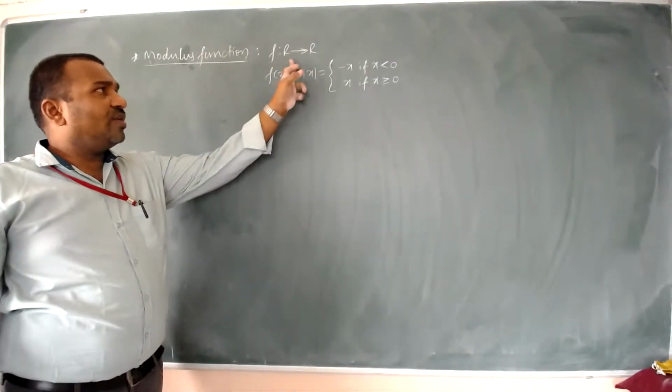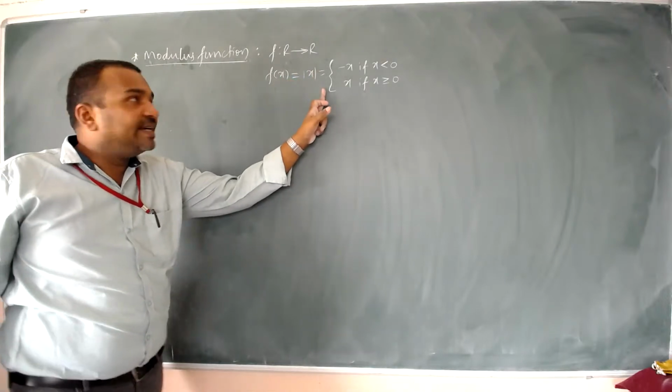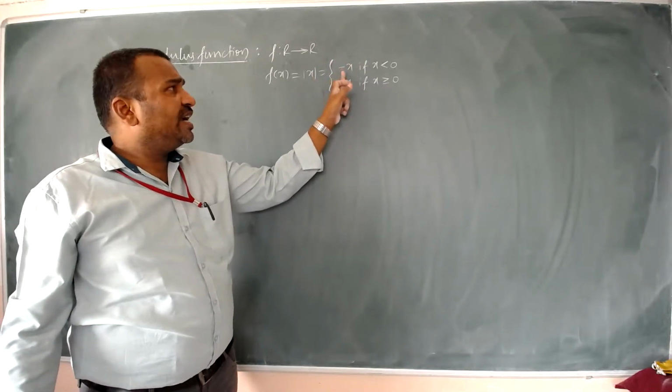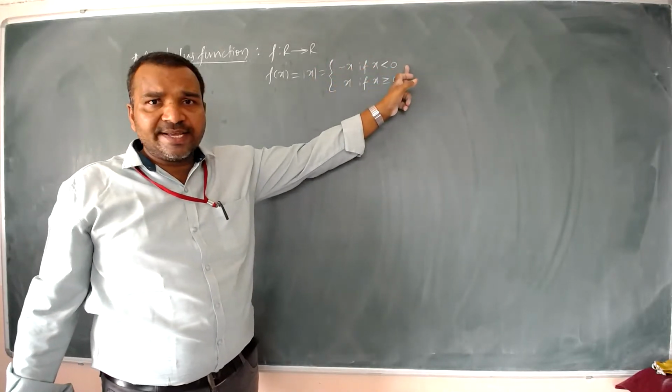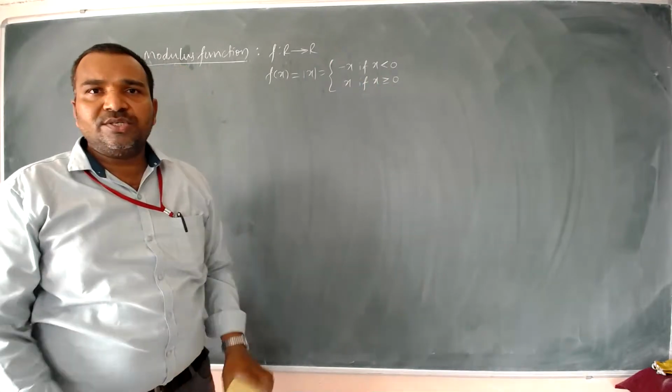This is simple. Mod x equals either minus x or plus x. We get minus x if the x value is negative, and we get positive x if the x value is positive.